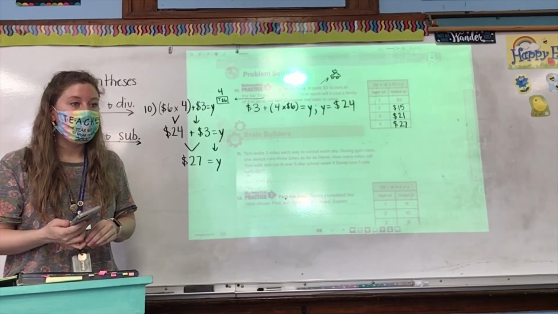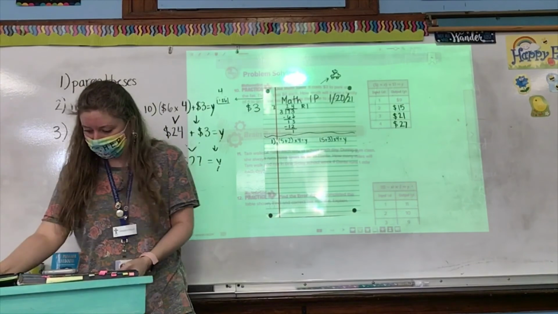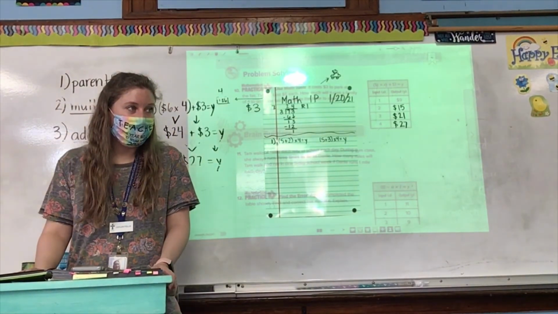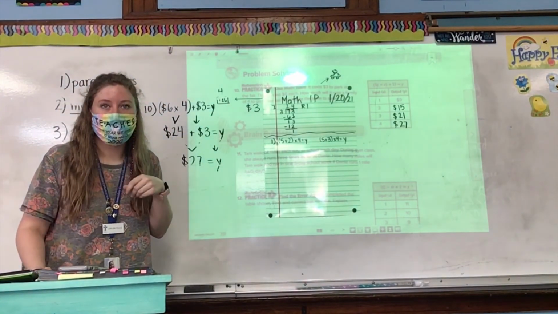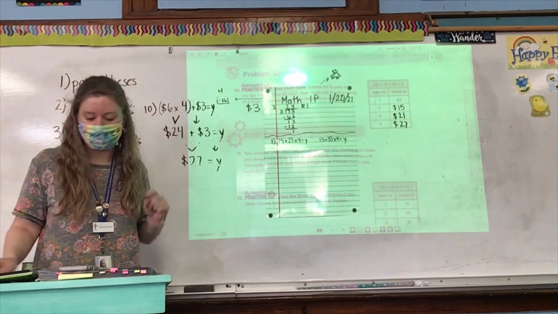Yes, Michaela, use the same sheet of paper. Number 1 through 9 on the independent practice, you're just doing exactly like what we did in example 2. You just have an input-output table and you're solving.